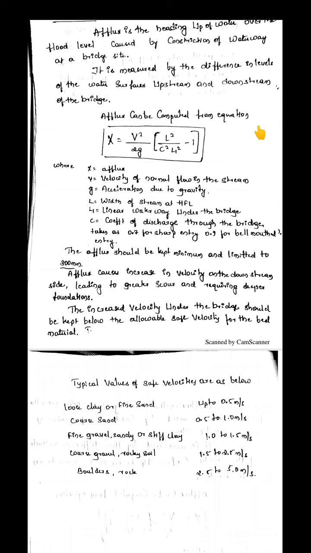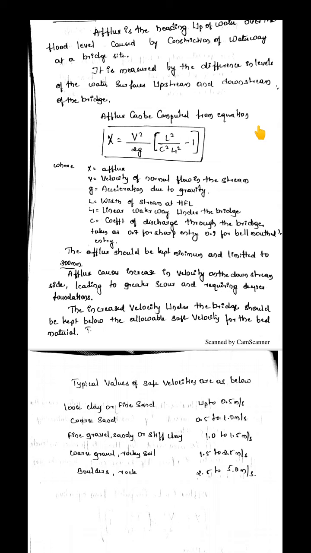Because coarse gravel and rocky soil have higher density, so they settle by their own weight. Up to a velocity of 2.5 they will not get eroded. They will not move along with the water. That's the reason, when there is coarse gravel and rocky soil, we can keep the limit of water velocity up to 1.5 to 2.5.